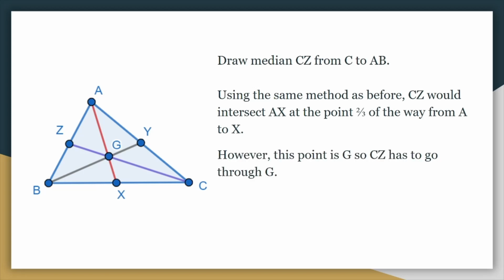However, this point that lies 2/3 of the way from A to X is point G, and so CZ has to go through G. So then we have that G is a centroid, since all three medians go through G. And we have just proved that the three medians of an arbitrary triangle intersect at its centroid, which lies 2/3 of the way along all of its medians.